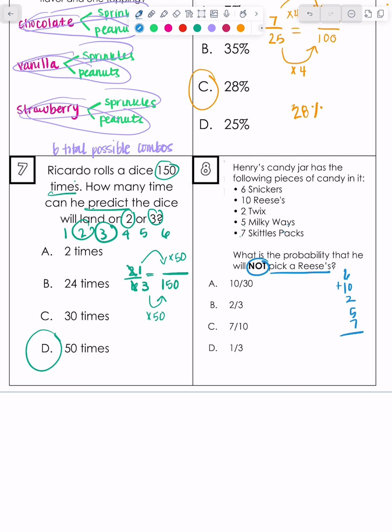We're going to add all those numbers up, and you should get 30. So our total here was 30. And not Reese's, so from 30, I'm going to subtract the 10. So 30 minus 10 is 20. So 20 over 30, that can be simplified by 10. And we get 2 over 3.